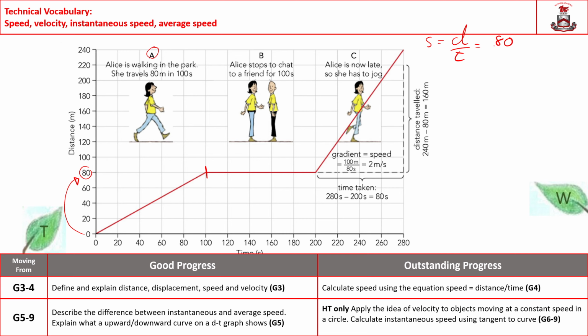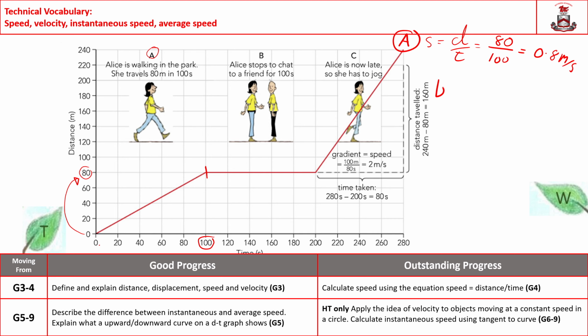Now, how long did that take her? Well, she started at 0 and it took her 100 seconds. So let's put that in. The time is 100 seconds. So what is Alice's speed? Well, it is 0.8 meters per second. So this is for section A.